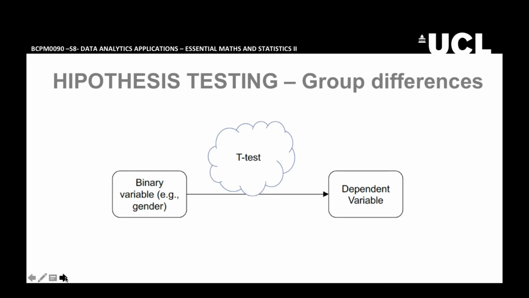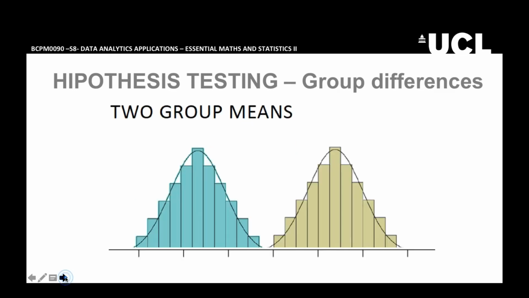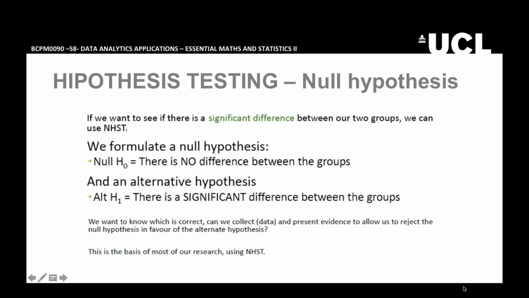In case that we have a binary variable, like for example gender, and a dependent variable, we will be using the t-test. As we have a binary variable, we have two groups with two means.